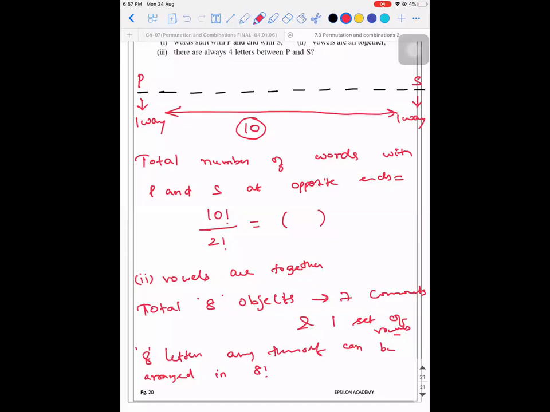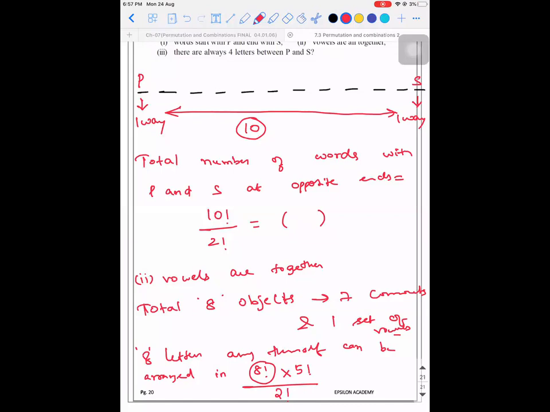The 8 objects can be arranged in 8 factorial ways, and the vowels among themselves can be arranged in 5 factorial ways, divided by 2 factorial because T is getting repeated twice.